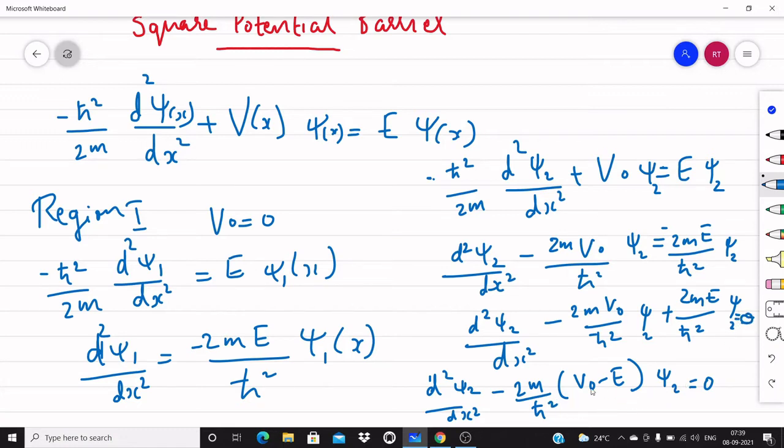So this is the Schrodinger equation in region 2. So if we give this term as alpha square, you will get the other equation which was given, I'll show you.